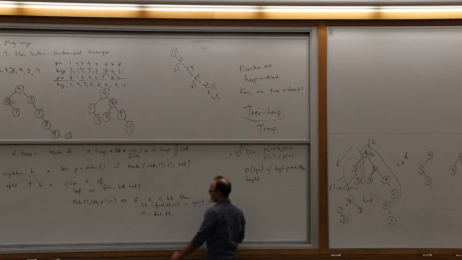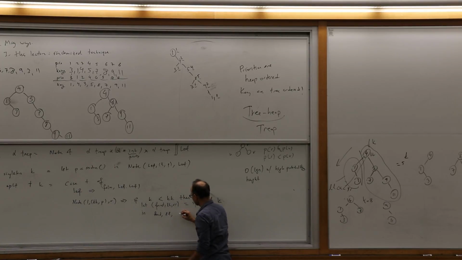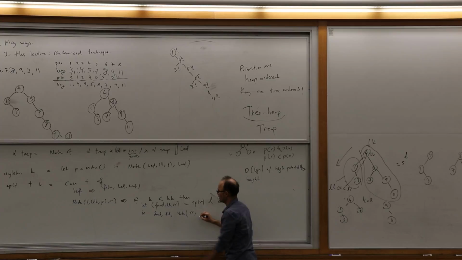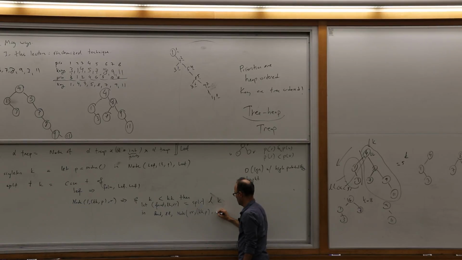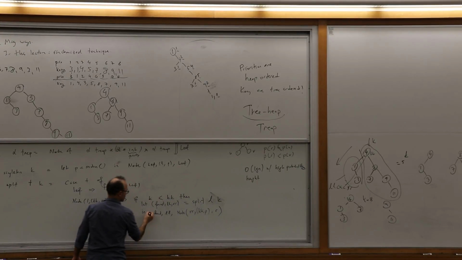And for the right side, I need to put these two guys together. I do that by creating a node with left side RR, the priority that I have, KKP, and R. That's it. And that's what I return.